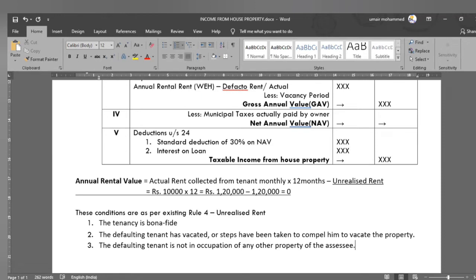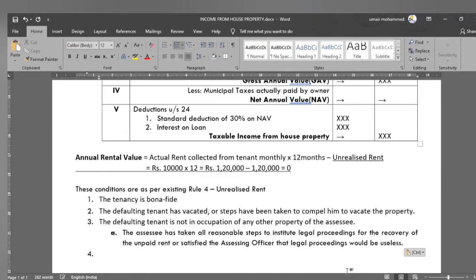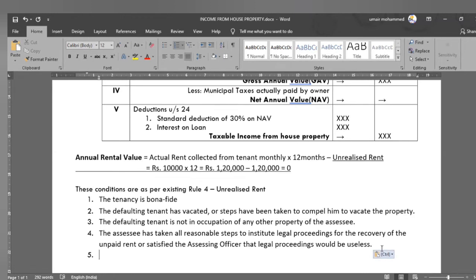That's an important rule. So this rule also needs to be satisfied. And by all means, you have to convince the income tax assessing officer that you have done everything possible to vacate the tenant. You have done all that is necessary, taking all the legal steps. But despite this, the tenant is not paying the rent.